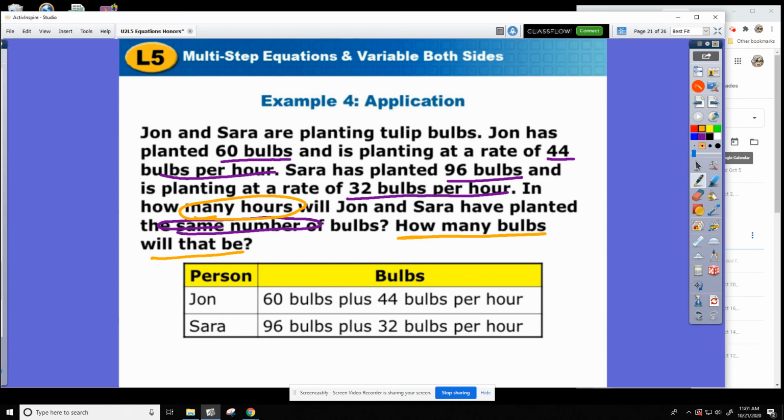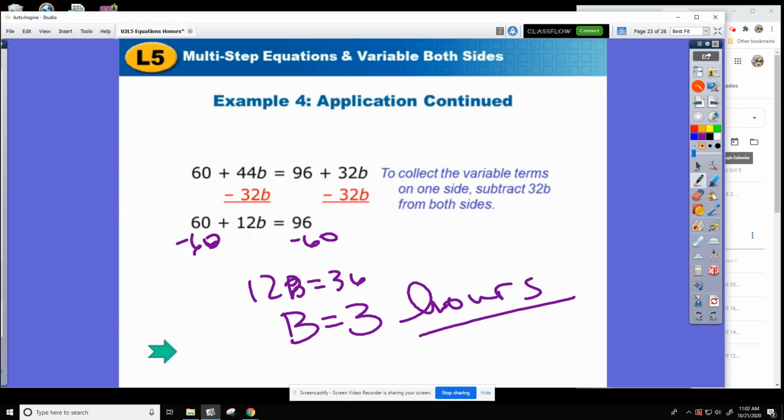And then a second question, which I don't think I answered, is how many bulbs will it be? So my first answer is 3 hours. How many bulbs? So all you do is plug in your answer here and find out how many bulbs. So 60 plus 44 times 3, and it should be the same as 96 plus 32 times 3.